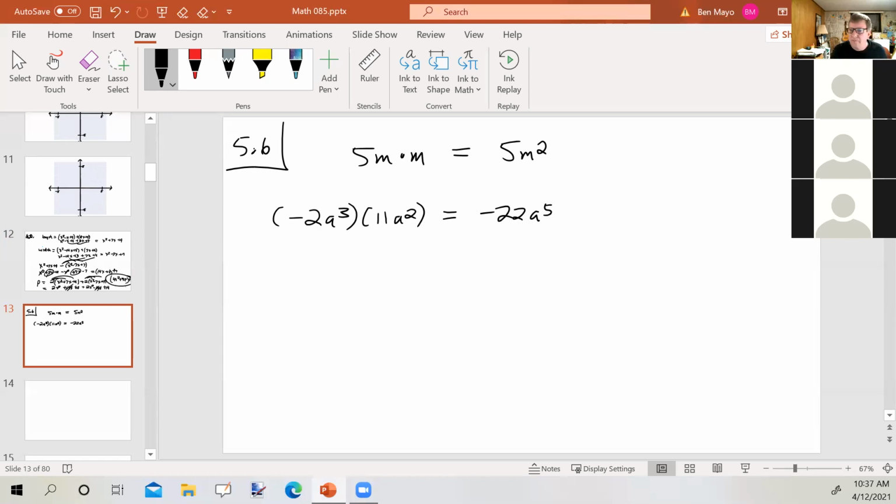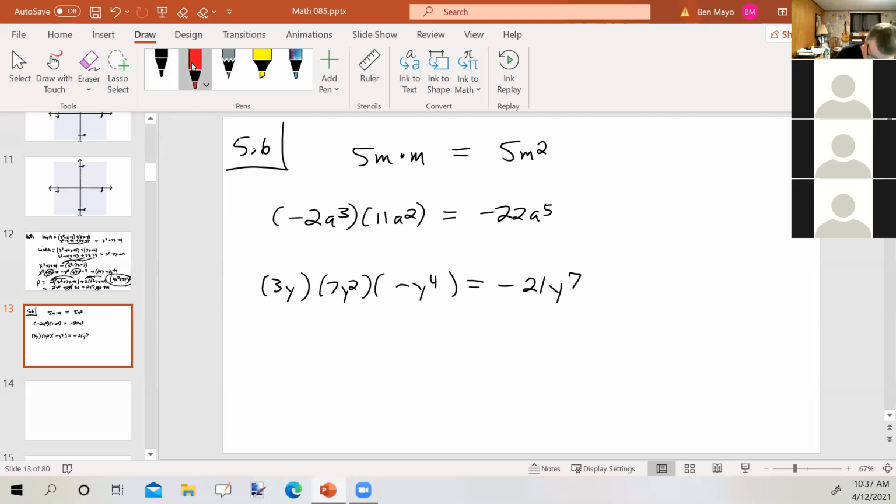Any questions there? All right, let's say I've got 3y times 7y squared times negative y to the 4th. That would be negative 21y to the 7th. Don't forget there's an implied 1 there, just like there's an implied 1 there, an implied 1 there in terms of exponents. All right, we good on that?